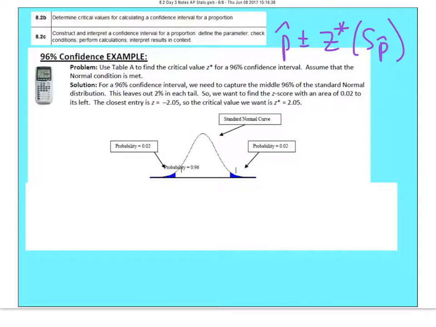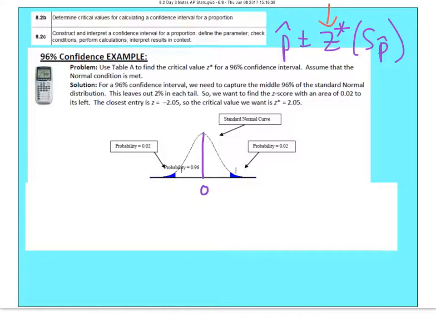How do we come up with this critical value? Well, we've talked about it before. They are telling us to assume the normal condition is met, and we can assume that independence is too for this case. So to find it, remember here is our normal curve. If it's standardized data, the mean is at 0.